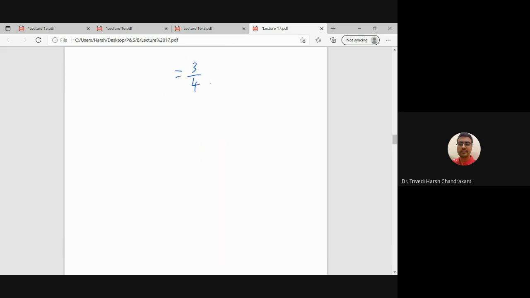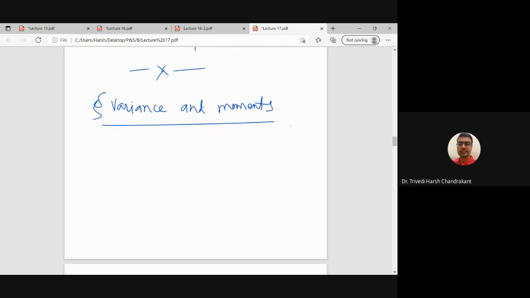Okay, so today's class is essentially regarding variance and moments. We are given the random variable capital X, and we have discussed that using the given random variable X, we can construct new random variables using linear combinations, by squaring and cubing, right?